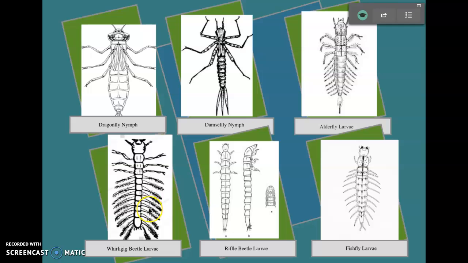Again, a lot of these are very similar in nature and have similar body types, so you're going to try to identify them by a unique or defining feature, like this here compared to this, or this damselfly here that has three tails at the bottom of its abdomen, and things like that. Again, you can get more detailed and life-like images in Google.